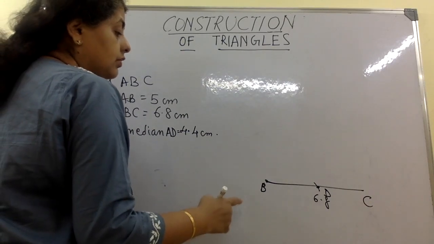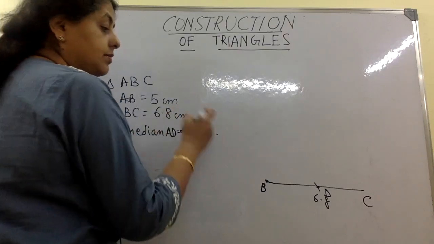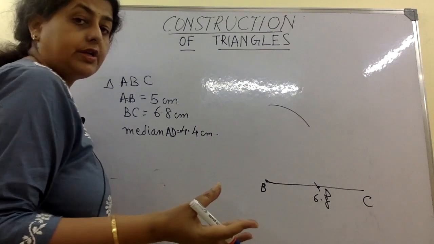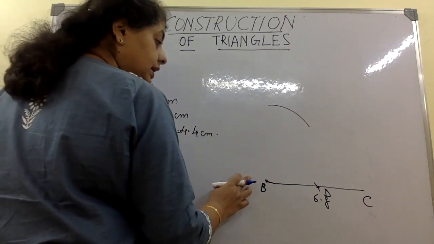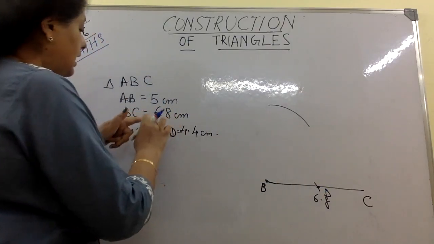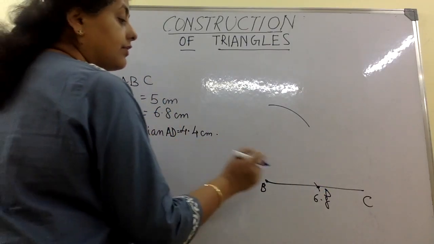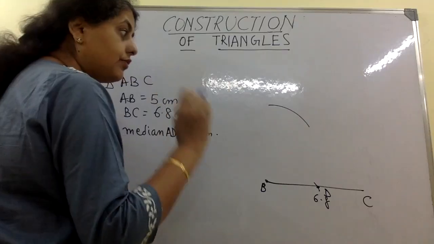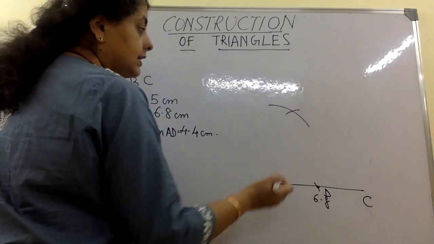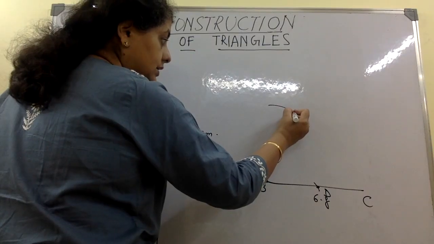So what I'll do is, I'll take an arc of 5 centimeter and make a big arc because I don't know where it is cutting. And from the point D, I'll make an arc of 4.4. I'll take a radius of 4.4 in the compass and I'll cut an arc wherever it cuts. That is my point A.